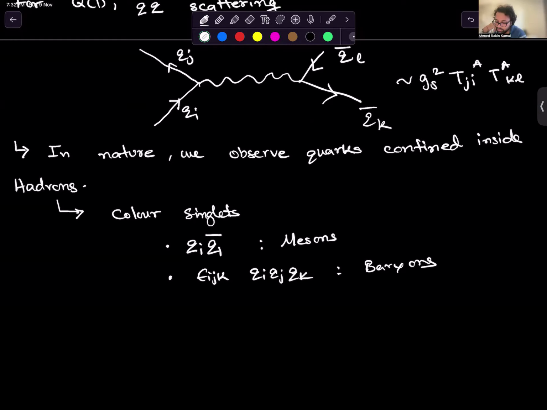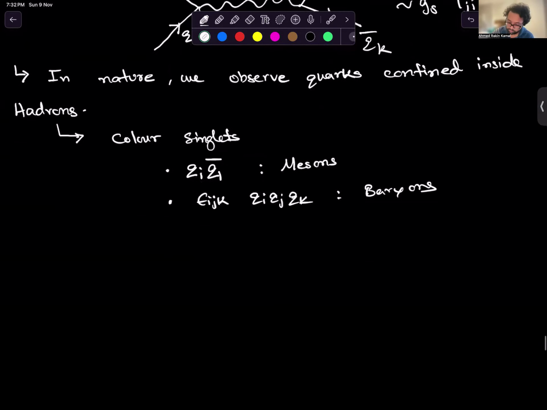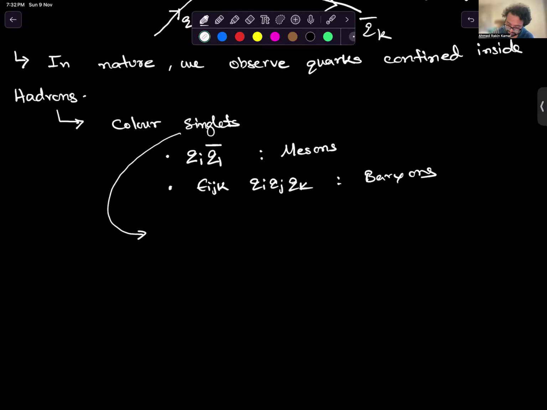And interestingly, the potential for singlets is an attractive potential, that is, minus 4 over 3 g_s squared over 4 pi r. So this is an attractive potential. What it does is create a bound state of quarks.